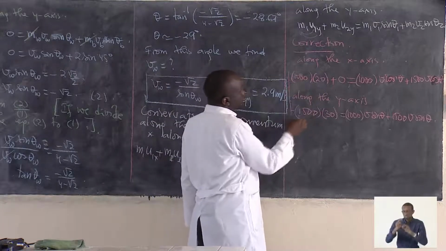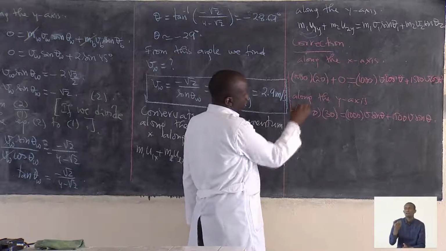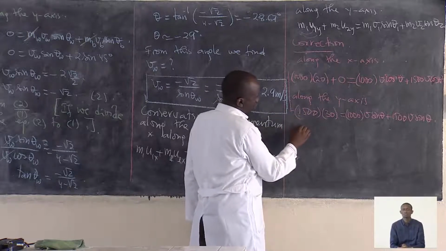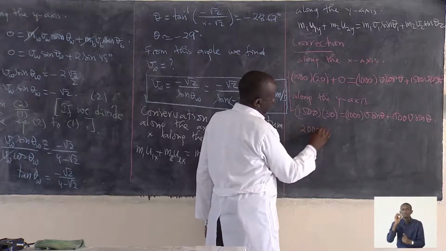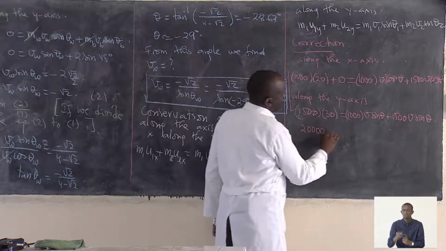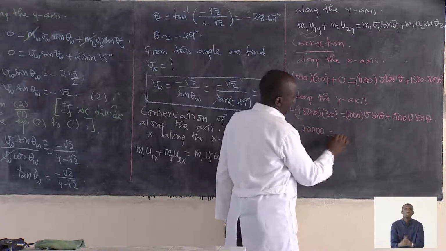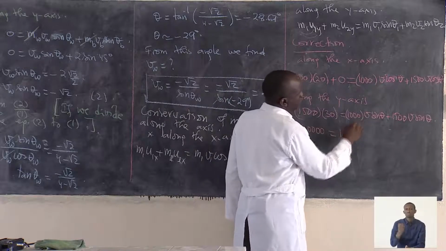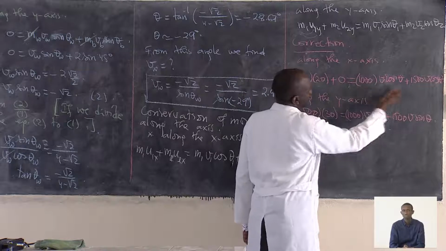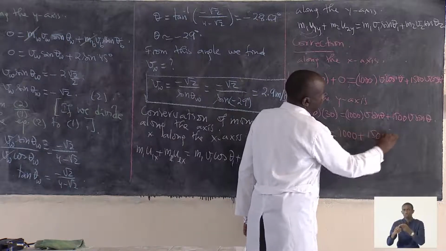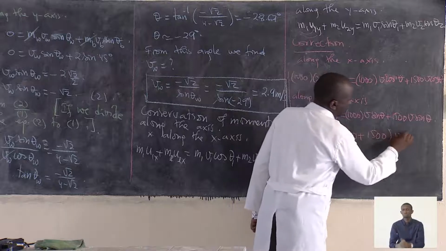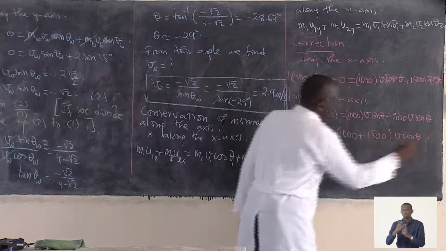What do we have there? We have this as 20,000, and that is another 0, which is equal to the same plus 1,000, and here we have v cosine theta.